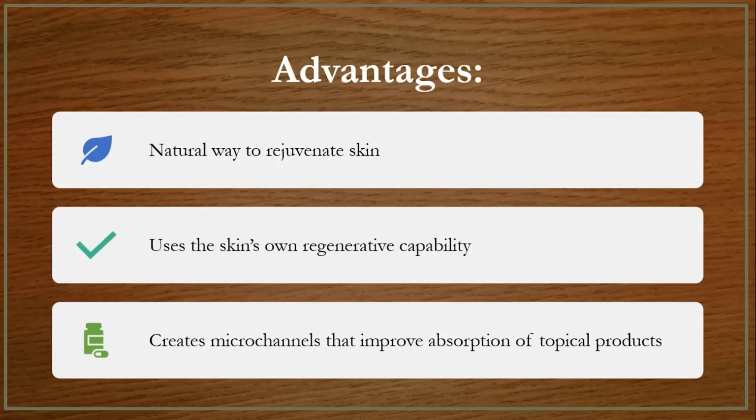The advantage of microneedling is that it is quite a natural way of skin rejuvenation, and it uses the skin's own capacity of rejuvenating. It creates micro channels that can even be combined with topical product use while doing the procedure itself.